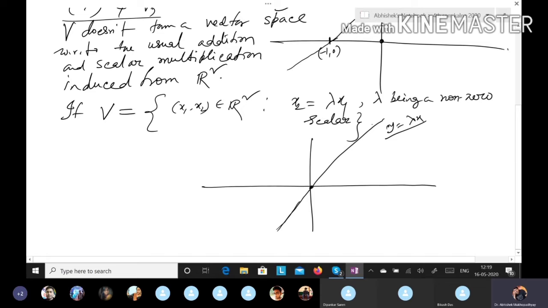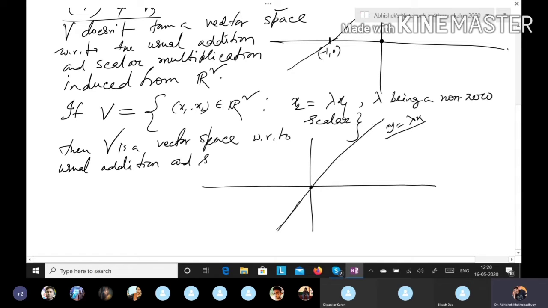So there is a possibility of V to be a vector space with respect to usual addition and scalar multiplication. And indeed it is a vector space with respect to usual addition and scalar multiplication induced from R2.